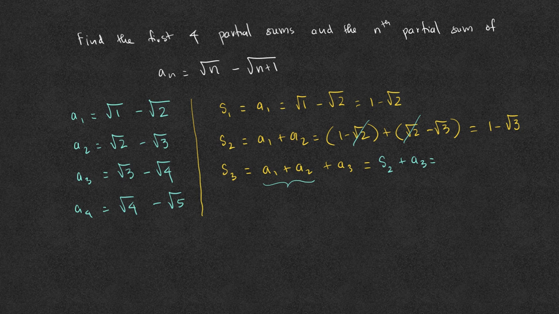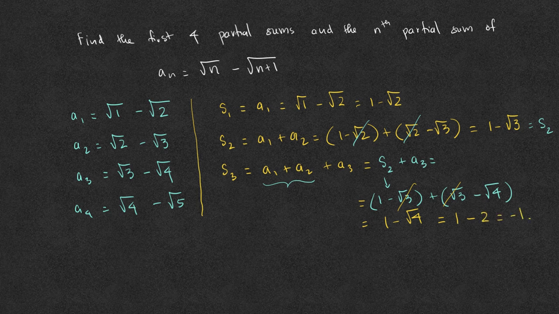S sub 2 is 1 minus root 3, and A sub 3 is root 3 minus root 4. Minus root 3 plus root 3 will cancel out and give us 1 minus root 4. But root 4 is 2, and so 1 minus 2 is negative 1.